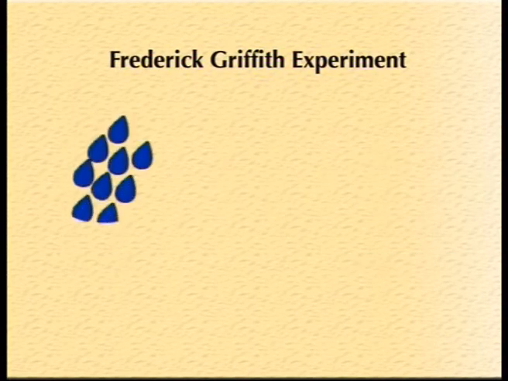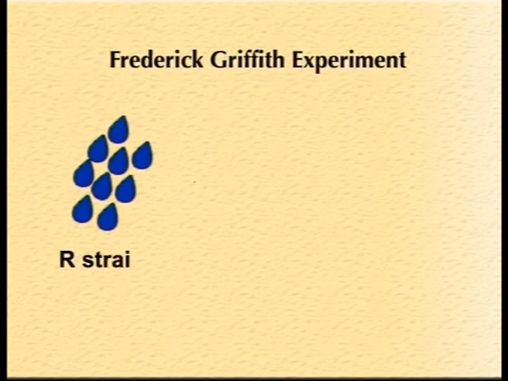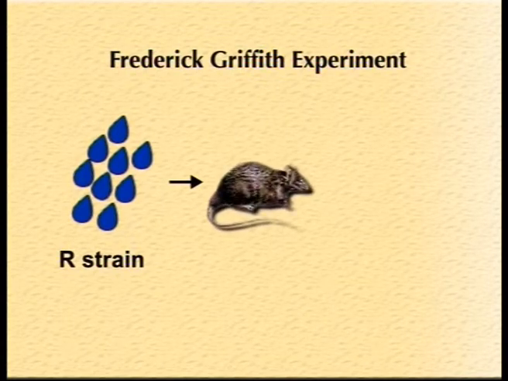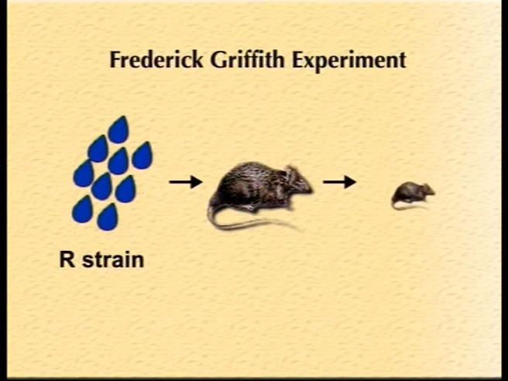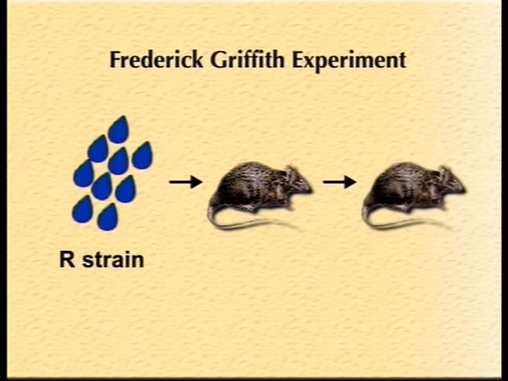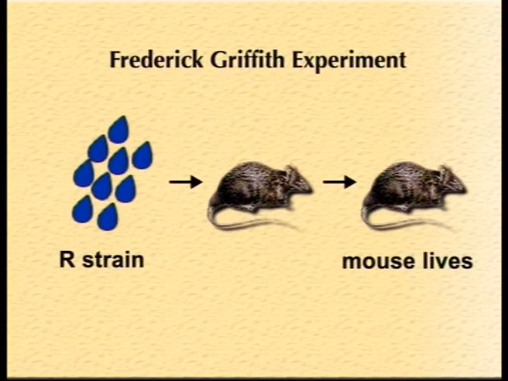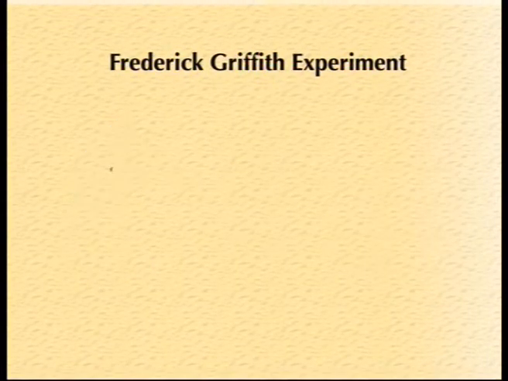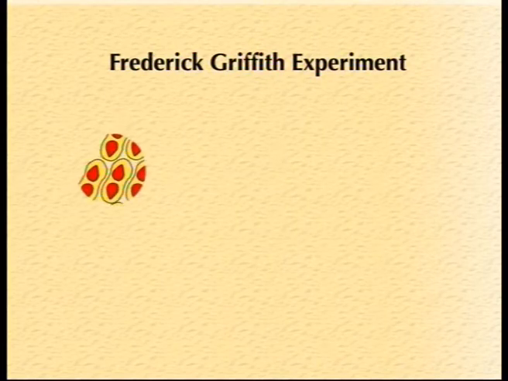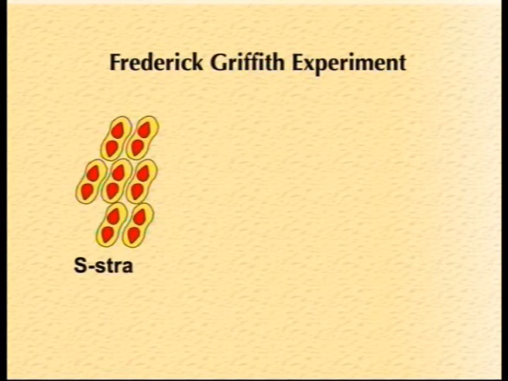Second, when he injected the mouse with the R strain, the mouse survived. The third thing, when the mouse was injected with the heat-killed S strain, the virulent strain, the mouse survived again.